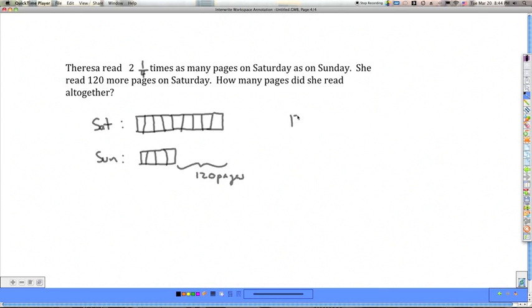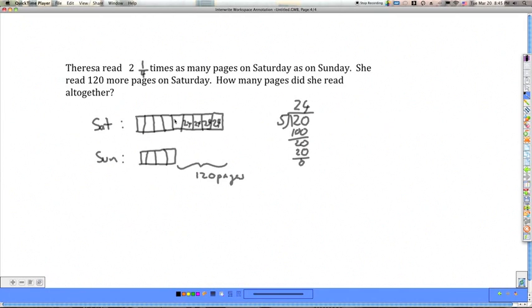So we want to do 120 divided by 5. 120 divided by 5, that goes in 20 times, makes 100. 20 left over, 4 times 20. And again, each of these units is equal to 24. How many pages did she read altogether? Each of these is 24.